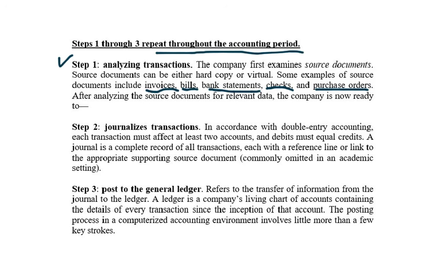All right, so after you've analyzed this and you've ferreted out the relevant data, now you can do step 2, which is to journalize transactions. And again, this process we're describing here is more in accord with any chapters where we talk about debits and credits. If you've only gotten to the point where you've covered the accounting equation, we haven't even talked about what a journal is yet, so it's going to seem completely uncertain, like what am I even looking at?